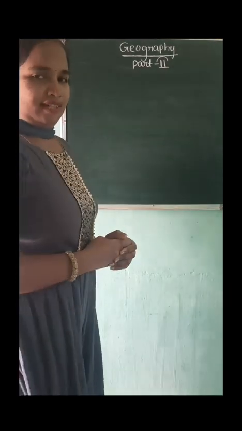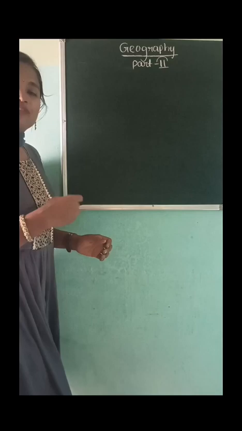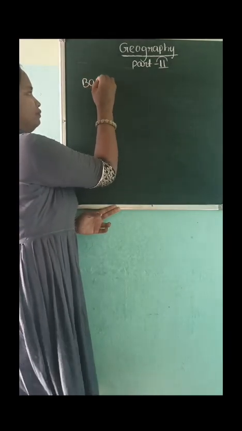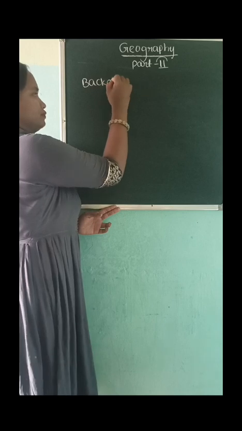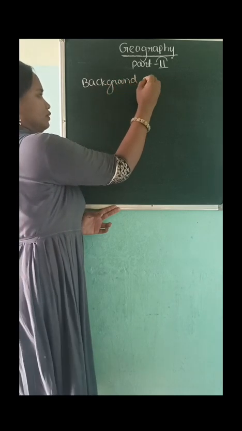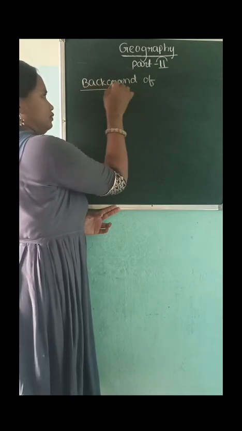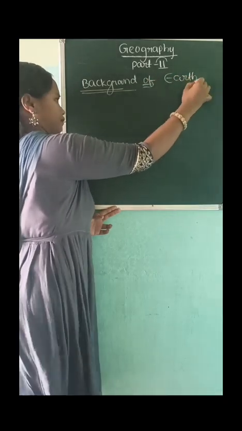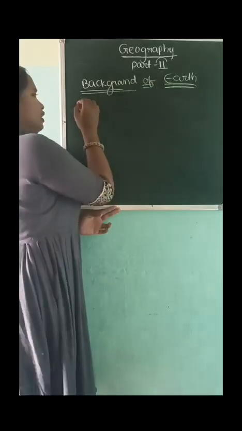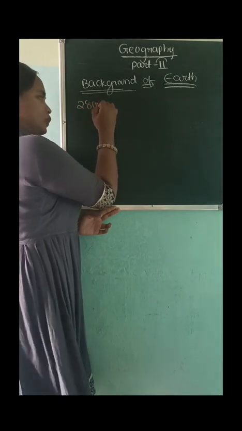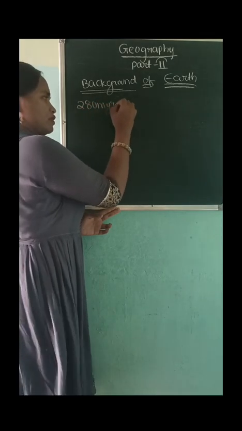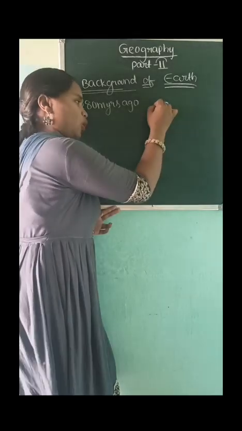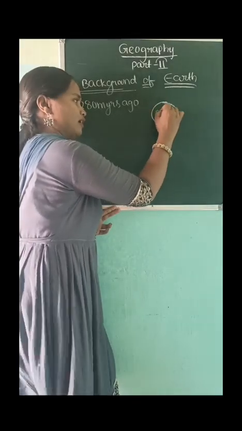Now, let us learn about the geographical background of the Earth. 280 million years ago, there was a supercontinent called Pangaea.